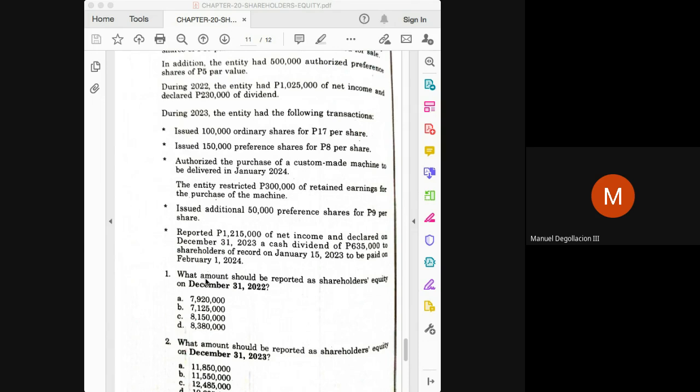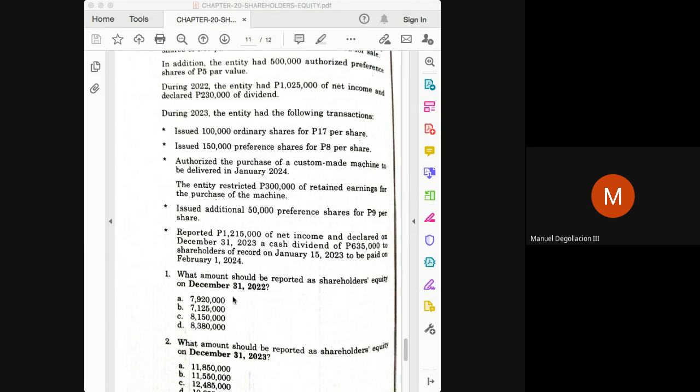So you also add the 1,215,000. Okay. But since we also declared dividends in the amount of 635, this would also affect your retained earnings. This will be a deduction to your retained earnings, so deduct this 635. Okay, and we would get 11,850,000. That would be our answer for question number 2.